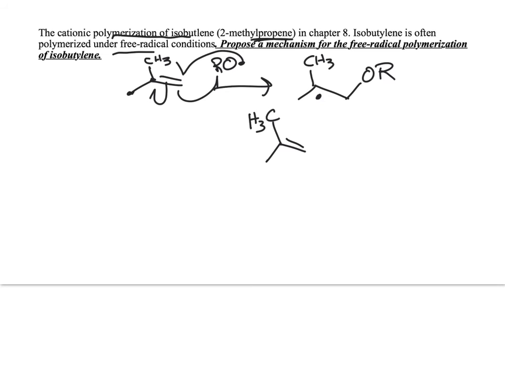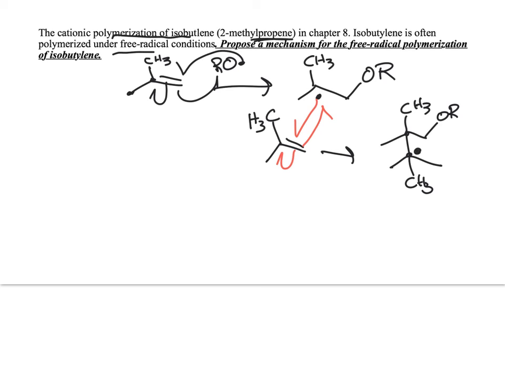That's what you always want to do. You want it reacting with itself. So it would form here, that would form here, and once again, you just redraw this and show the new free radical, and then it just continues to react with itself.